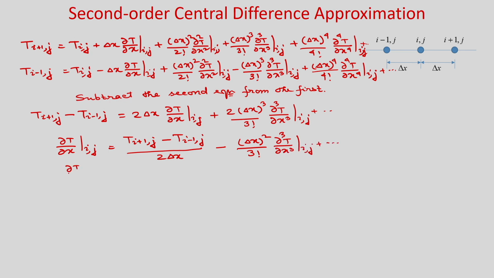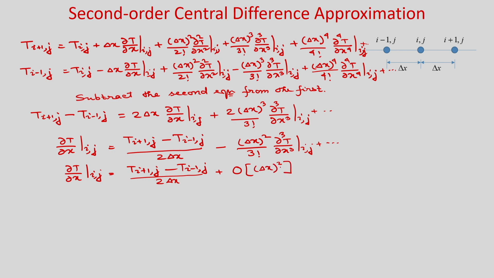So, you can write del T by del x as T i plus 1 j minus T i minus 1 j divided by 2 delta x, and the order of accuracy will be delta x square. So, it is second order accurate.